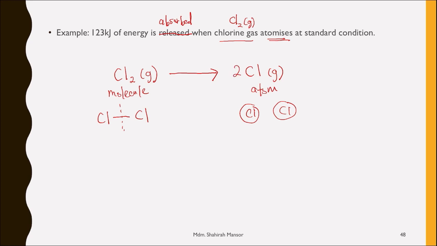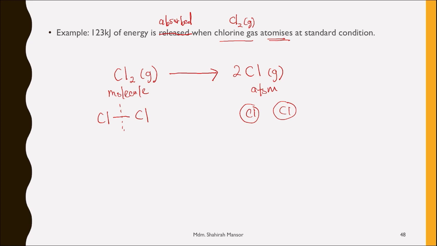Now, when you are about to write the thermochemical equation for this reaction, what reaction is this? From a chlorine gaseous molecule, breaking the bonding and forming gaseous atoms, definitely this is an atomization reaction. In order to write the standard enthalpy of atomization equation, you must refer back to the definition.